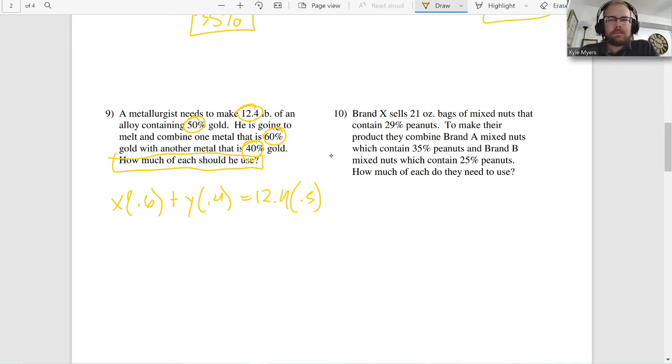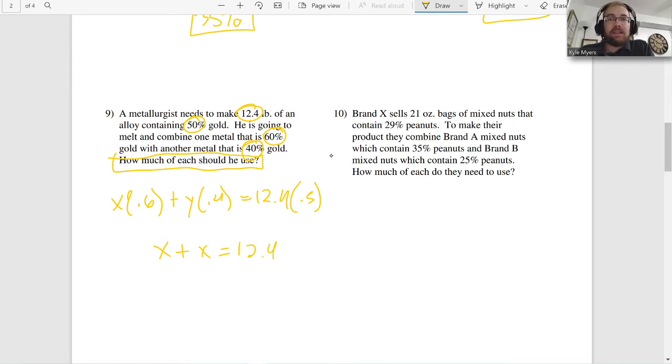Does that work? This could have been worse, because it could have been a system of equations, which gets kind of gnarly sometimes. But actually, you just need equal parts. So if I want to make 12.4 pounds, I need equal parts, so x plus x.